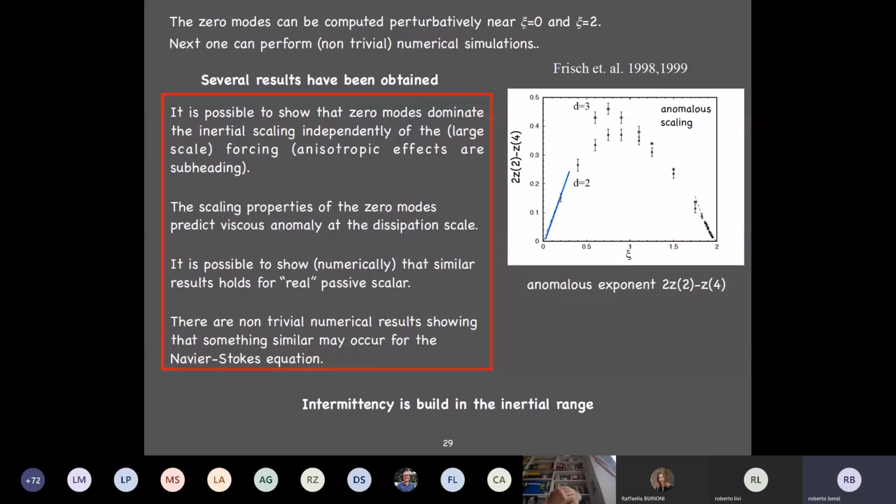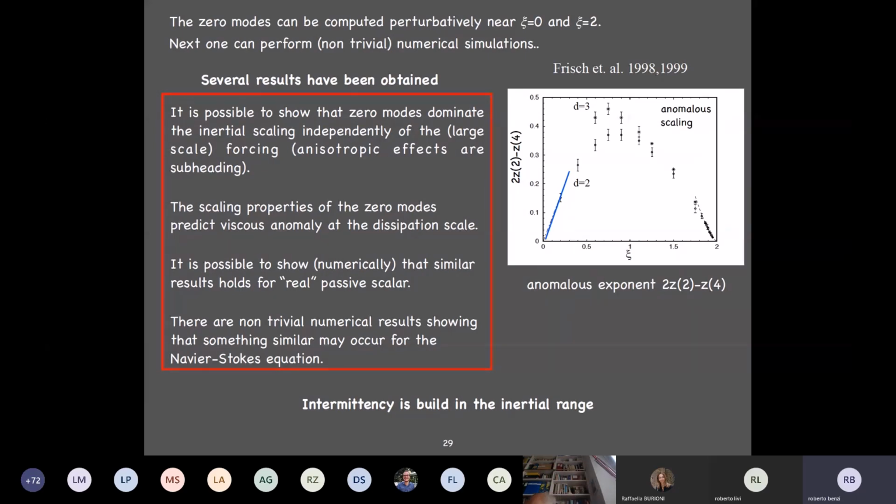Once you achieve these results, then you can show something non-trivial. First of all, not only are the zero modes dominating the inertial part, I mean what we call the scaling property of turbulence, but they are also independent of the large scale forcing. That is to say, they are independent of whether or not you put some anisotropic effect in the system.